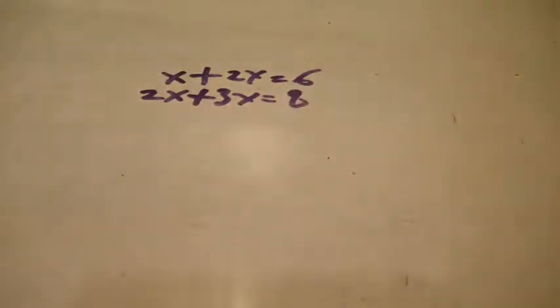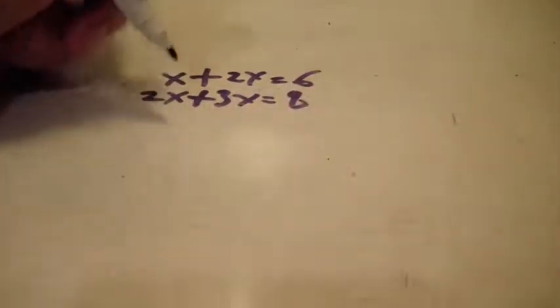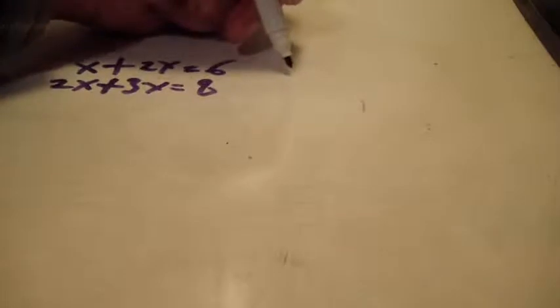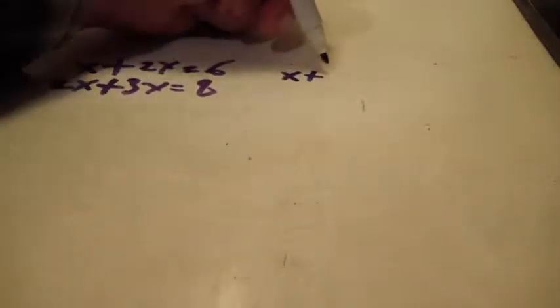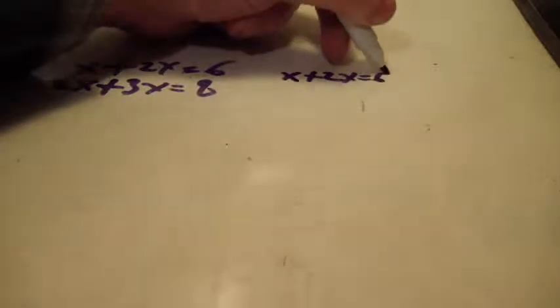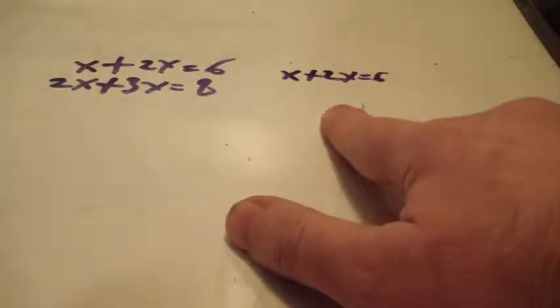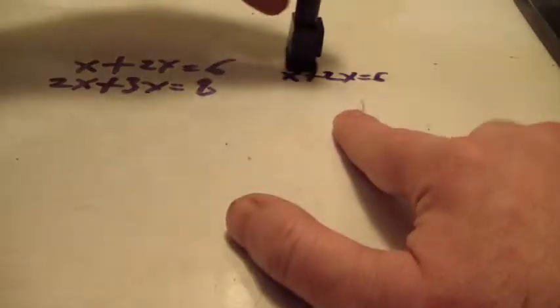So I'm going to take this top one here. This looks like the easiest one. Let's go x plus 2y equals 6. Let's simply minus 2y from both sides.